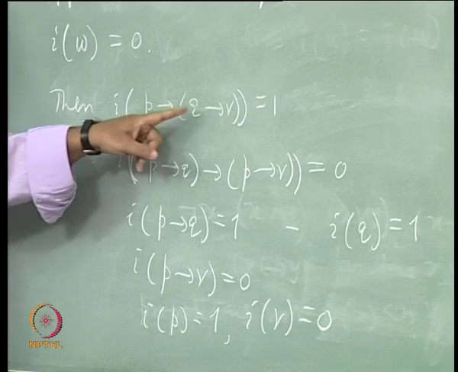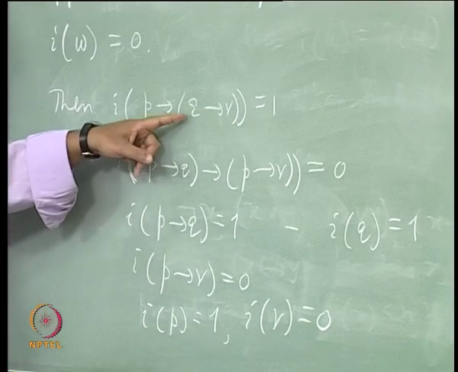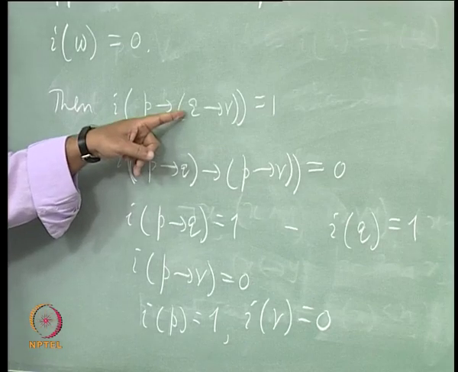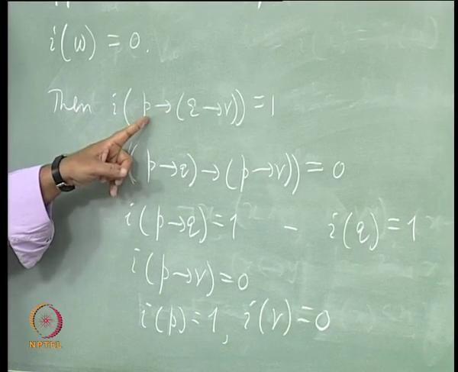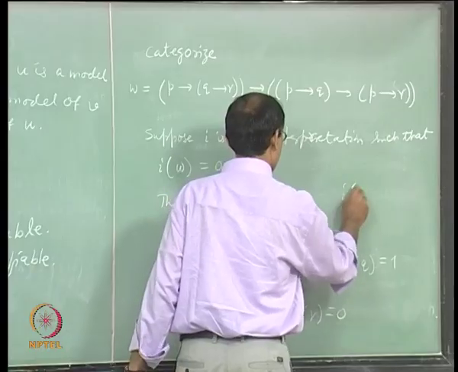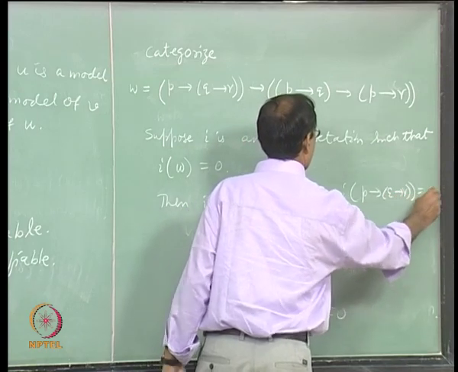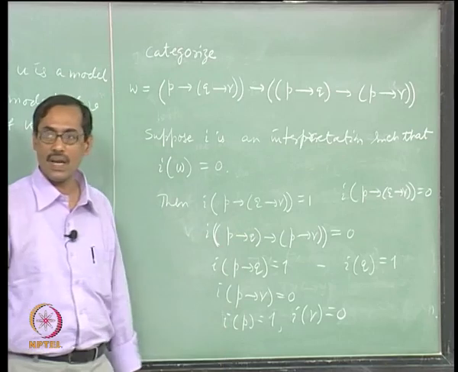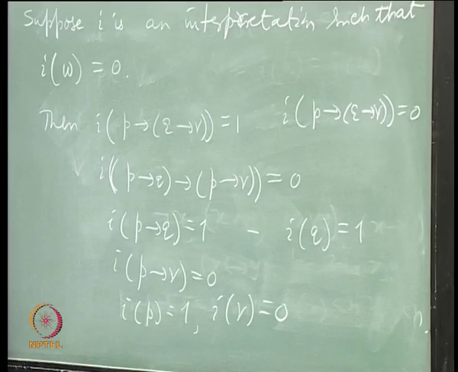Q implies R should be 0, but P is 1, therefore P implies Q implies R should have been 0, but it is given to be 1. There is the problem, so it can't happen.